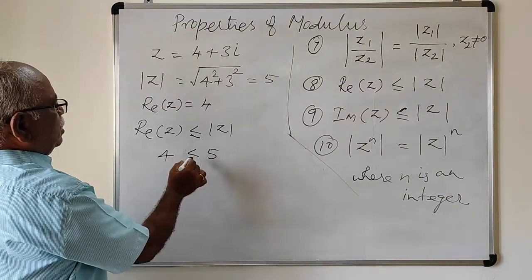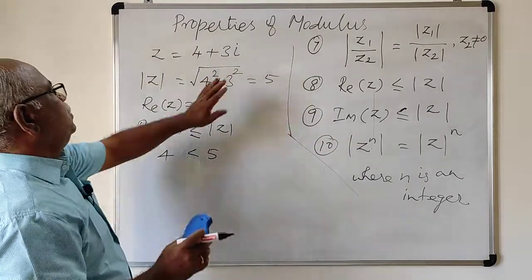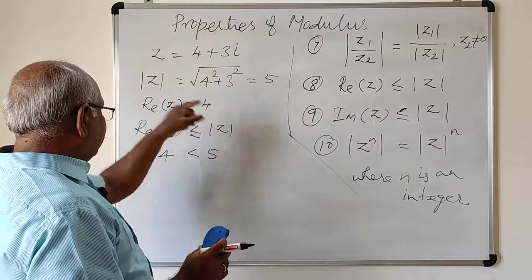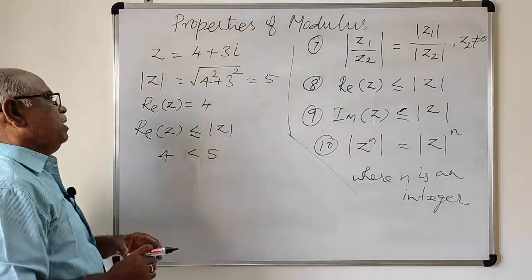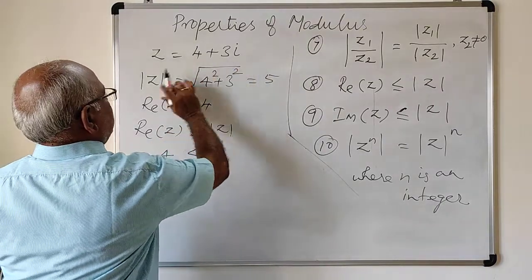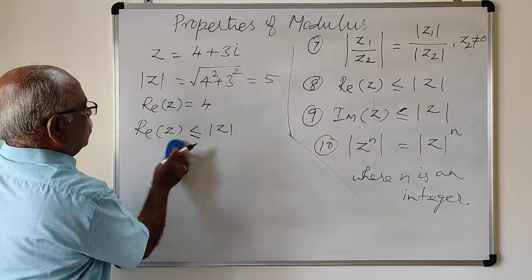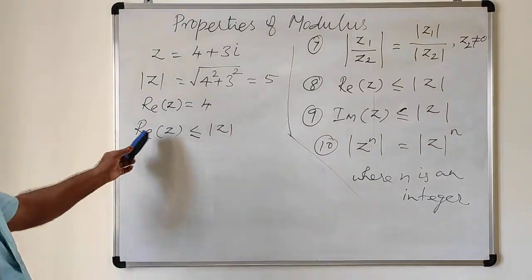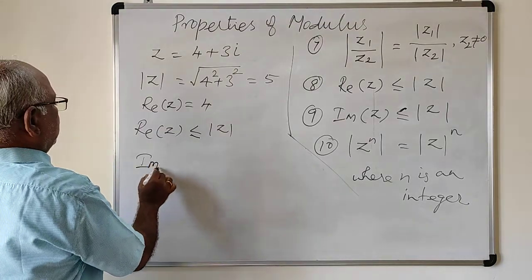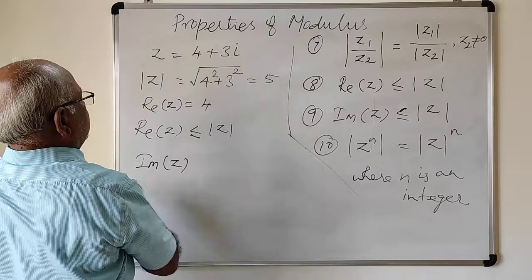When will it be equal? Suppose the imaginary part is 0, then you will get 4 only. The real part of z should be equal to mod of z when the imaginary part is 0. If 3 is 0, mod of z is also 4. In this case, they become equal. Similarly, imaginary part of z is 3.